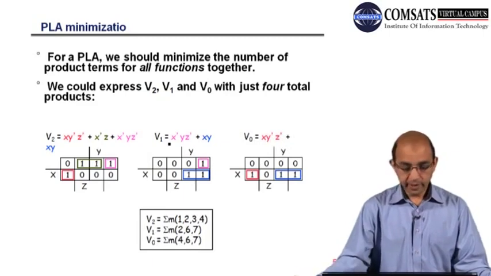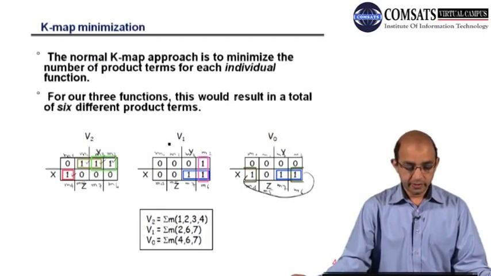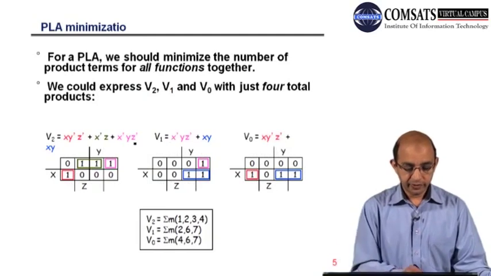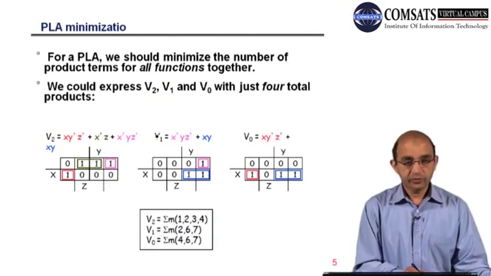If I go back, we have kept this pair. We will see why we have chosen this pair only and we are not using this pair, because this can also be paired with this. We will see in a couple of moments why we have not paired this.